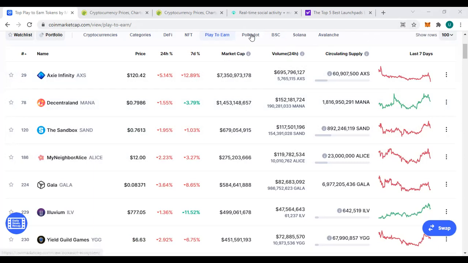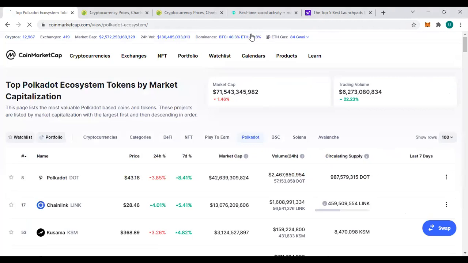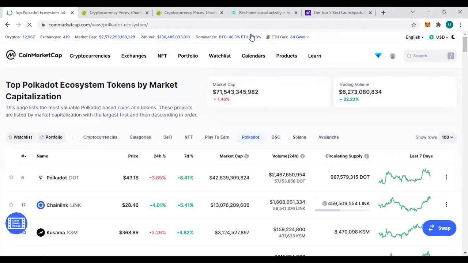And Polkadot is another aspect I look out for. Let me give you a heads up about Polkadot. The person that produced Polkadot actually worked with the owner of Ethereum, right? He was one of the head producers and programmers for Ethereum.